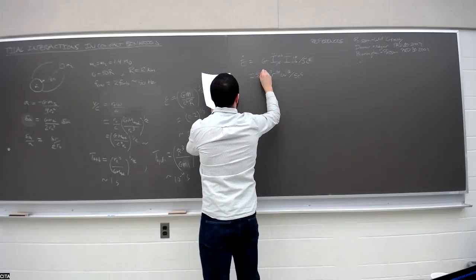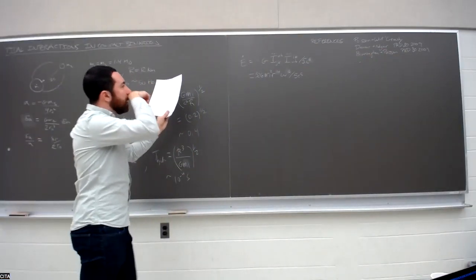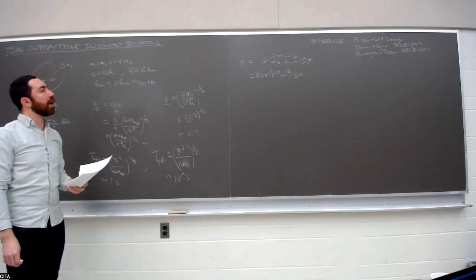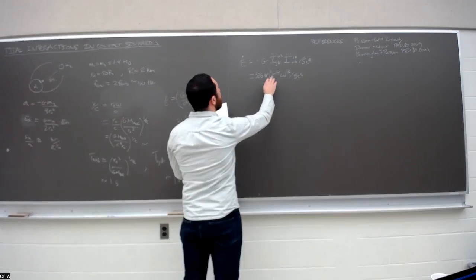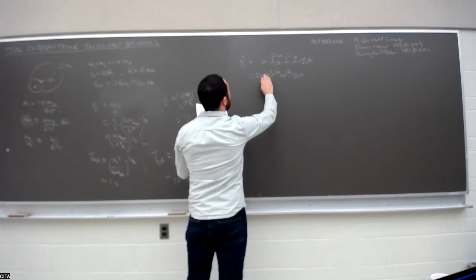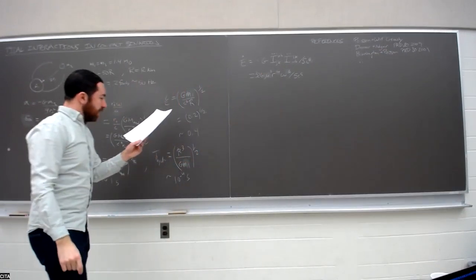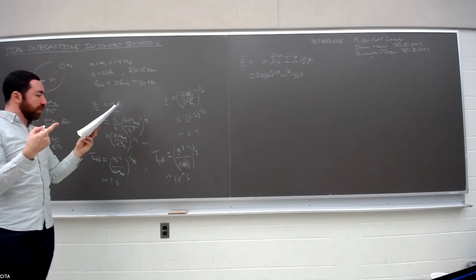Okay, and then there's some numerical factors that aren't very important. Here, we can think of this in an effective one-body picture where you have a reduced mass orbiting the center of mass. And so let's put in the reduced mass here. Okay, so this is the rate at which gravitational waves are carrying away energy from the system.